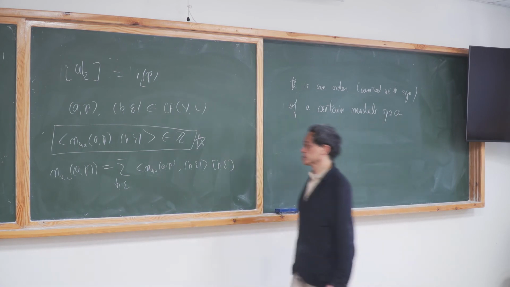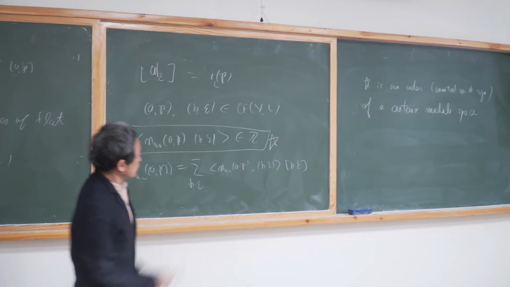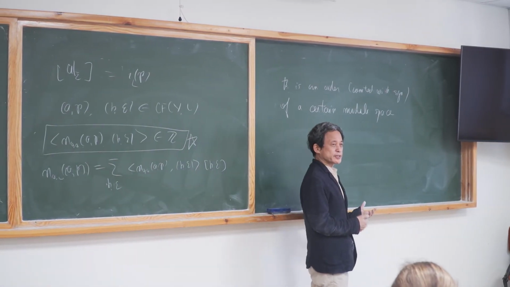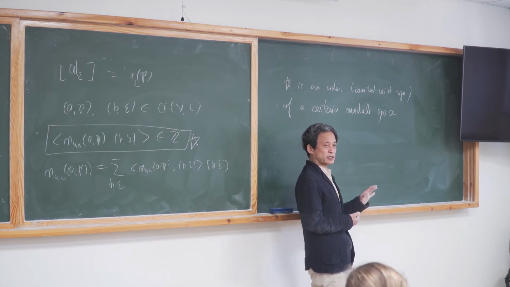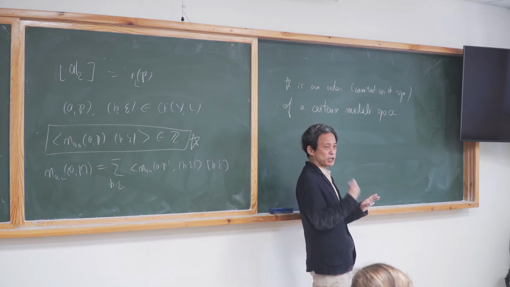So I want to introduce this moduli space. I introduce some differential equations, which are a mixture: in some part they are the Yang-Mills or ASD equations, and in some other part they are holomorphic curve equations.